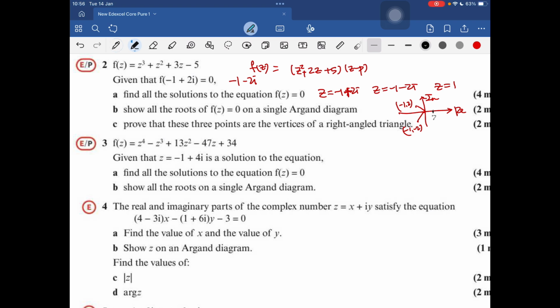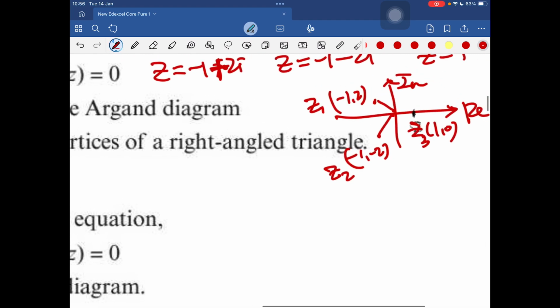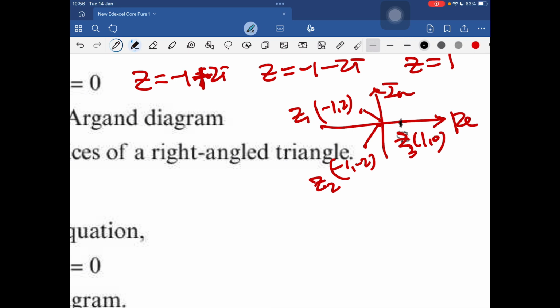And here is another z, 1 comma 0. So let's call them z1, z2, and z3. Prove that these points are the vertices of a right-angled triangle. We can calculate the distances between the 3 points.